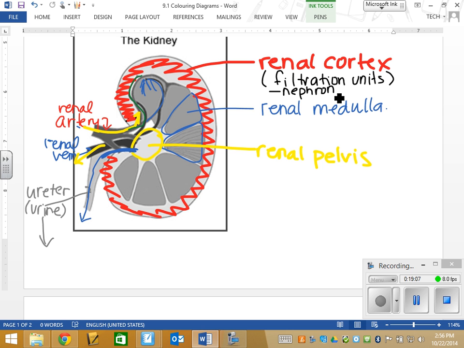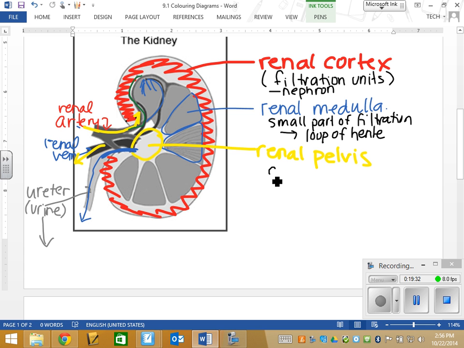The renal medulla has a very small part of the filtration unit. It is called the loop of Henle. So a little bit of the filtration unit dips down into the medulla, but the rest of it is outside in the cortex. The renal pelvis is for collection from the filtration units.